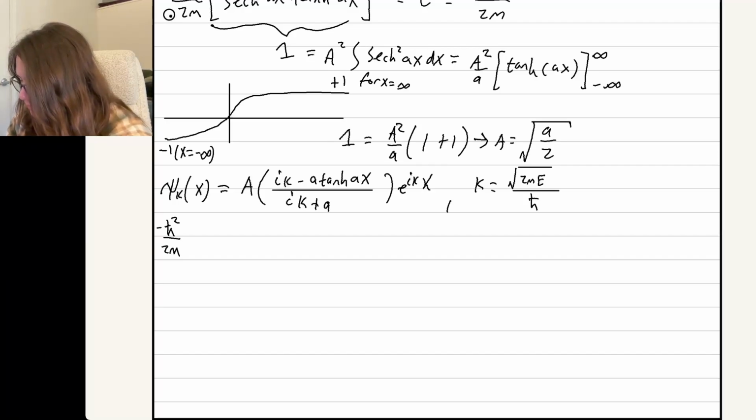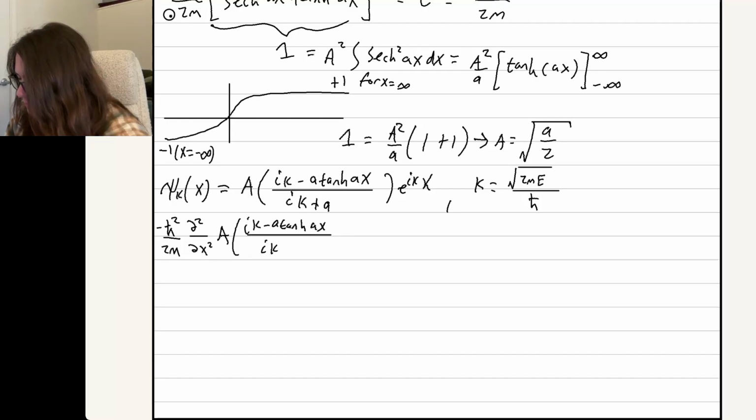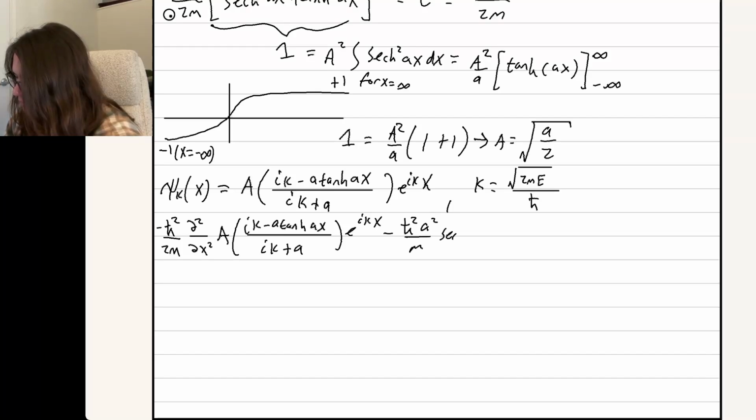So it's minus h bar squared over 2m, del squared del x squared, of a times (ik minus a tanh ax) over (ik plus a), times e to the ikx, minus h bar squared a squared over m sech squared ax.